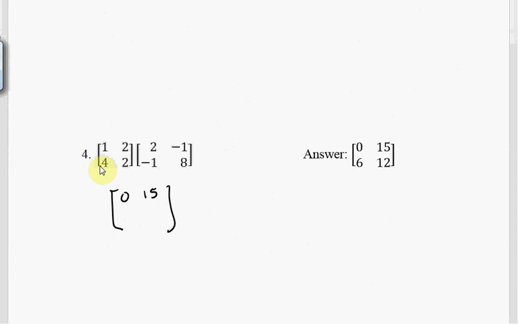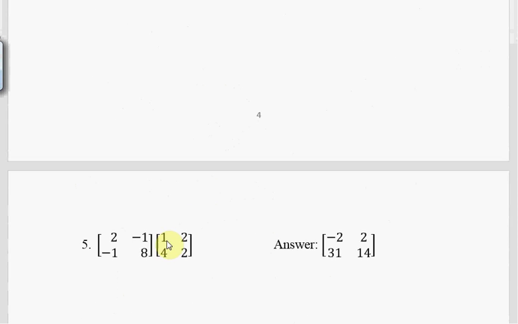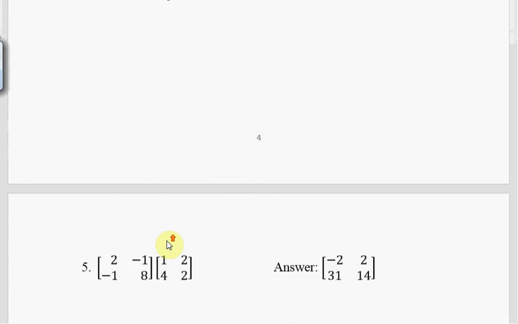Second row, first column, 8 minus 2, 6. Second row, second column, negative 4 plus 16, 12. All right.